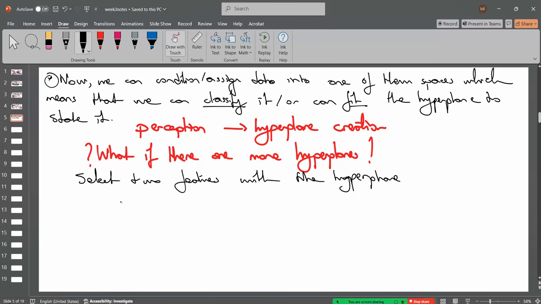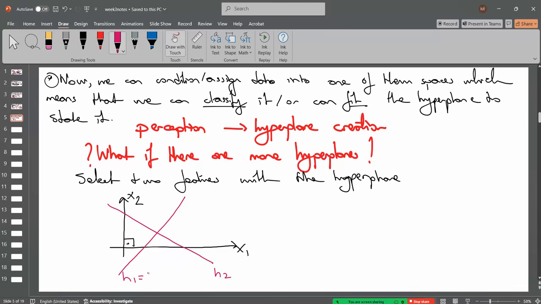For example, if we have x1 and x2, okay, and so this is the hyperplane 1, and this is the hyperplane 2, h1 and h2.